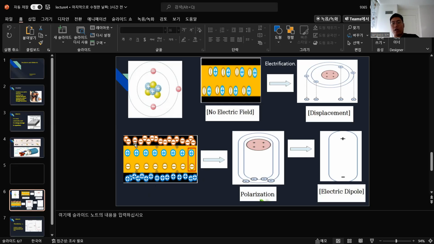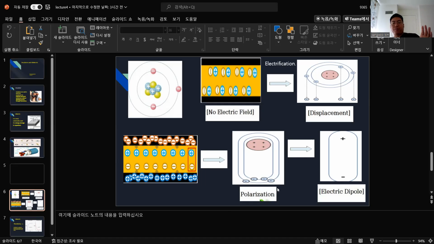DC voltage is the outer energy, right? Here's a negative part and here is a plus part. So inside the dielectric, they attract the electrons to the other side. But they cannot become free electrons. That's it. We say this is polarization, right?